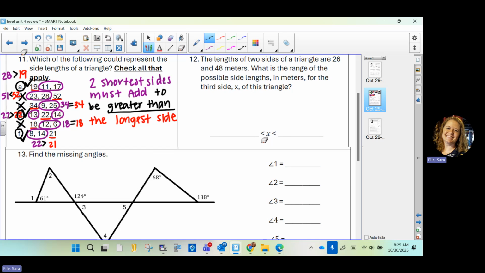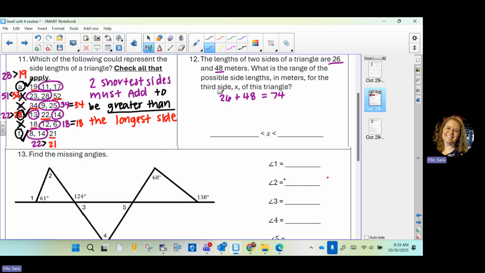So we said, when we do this, you have to take your two known sides and add them. So what's 26 plus 48? We add the two sides, we get the sum. 74.